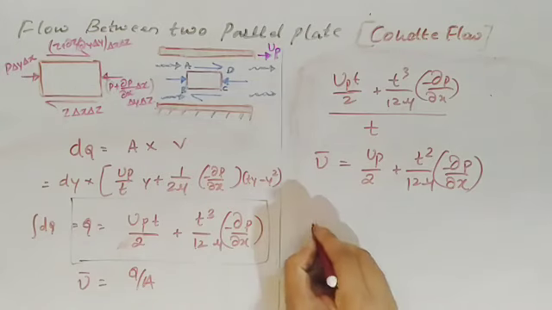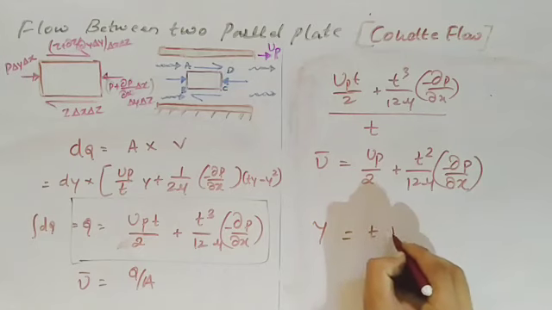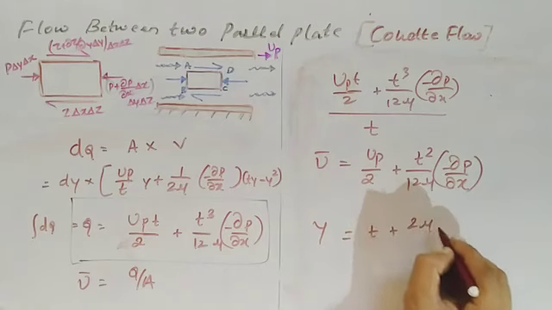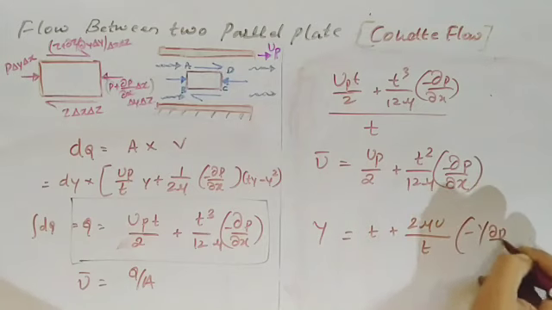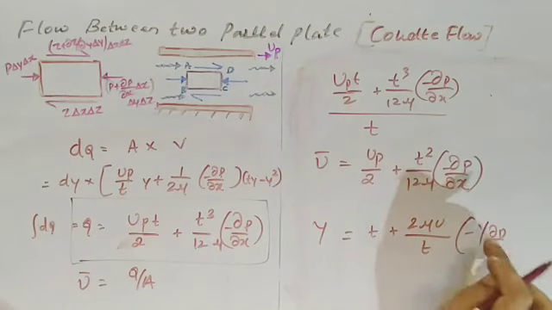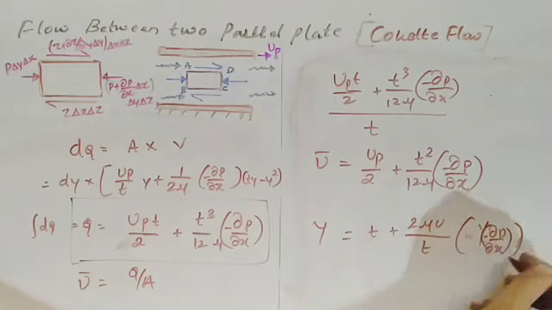If I do that, I will get the distance y where the velocity will be maximum, that is u divided by t into minus dou p by dou x. Now this is an equation which gives us the distance at which the velocity is maximum.